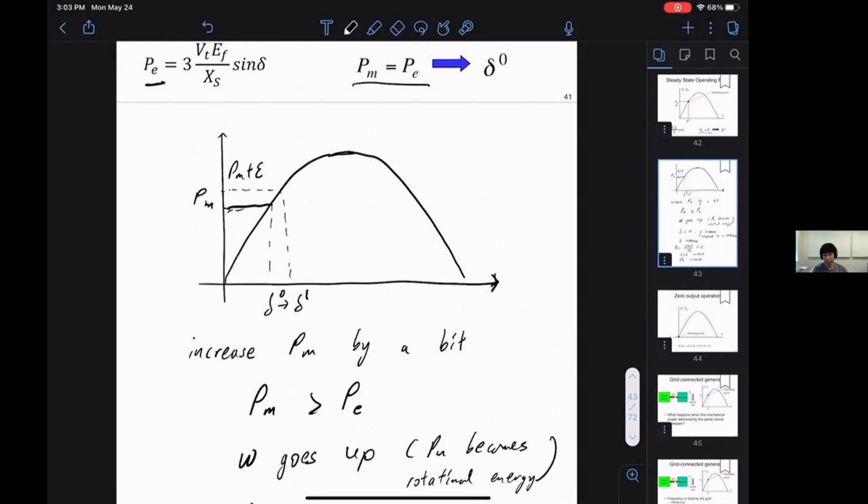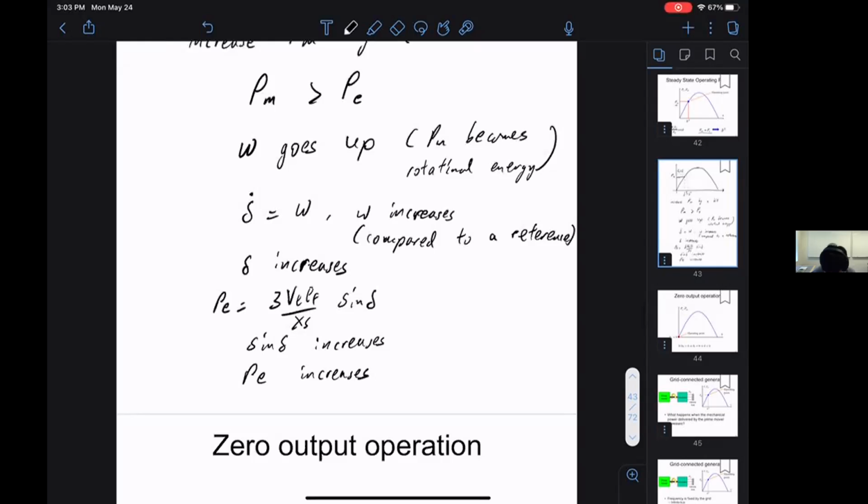So increasing the mechanical power leads to a frequency increase, which leads to a larger angle, but the larger angle leads to more electrical power being delivered to the grid. So therefore PM equals PE. My PE increases to balance PM.